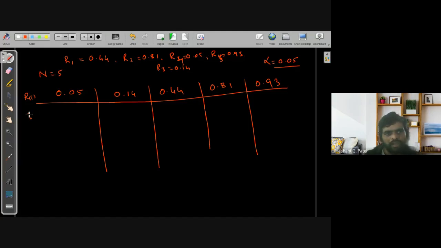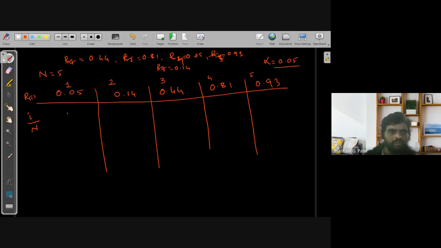So it is i upon capital N. We have R1, R2, R3, R4, R5. This number is now rearranged. So we have rearranged that. This is the first number, second number, third number, fourth number, and fifth. So your i is 1, 2, 3, 4, 5 here.